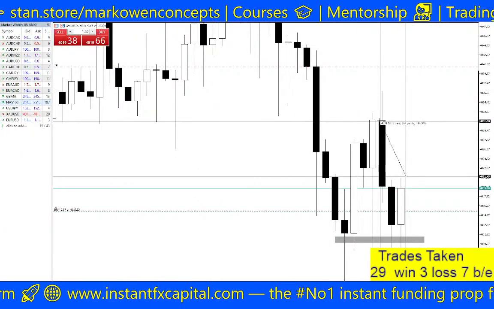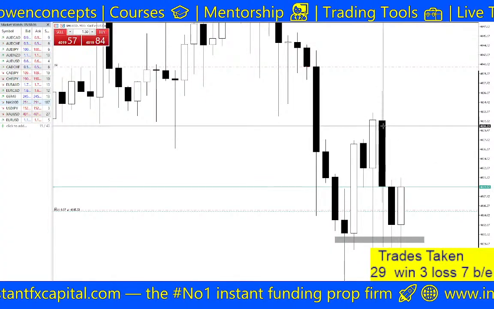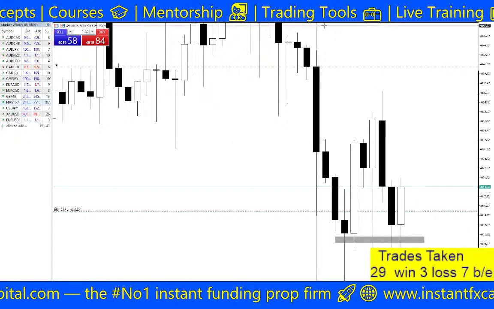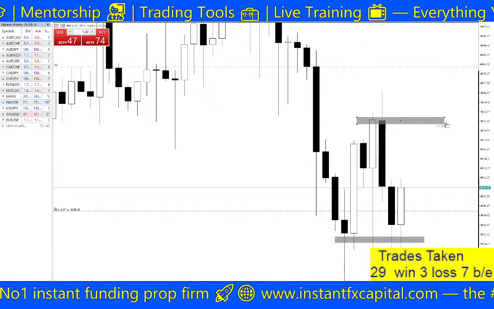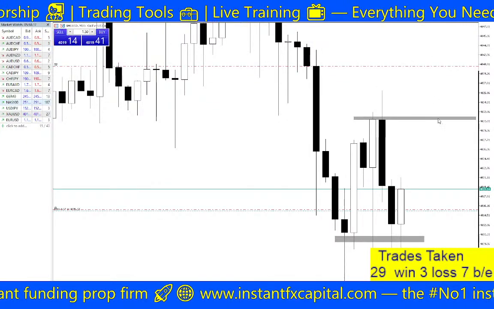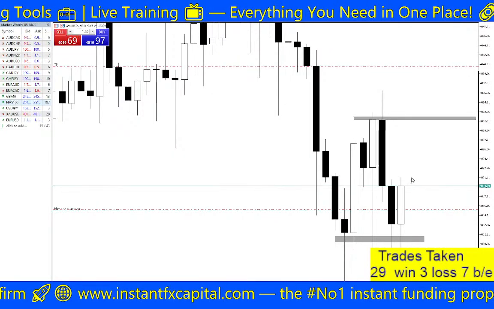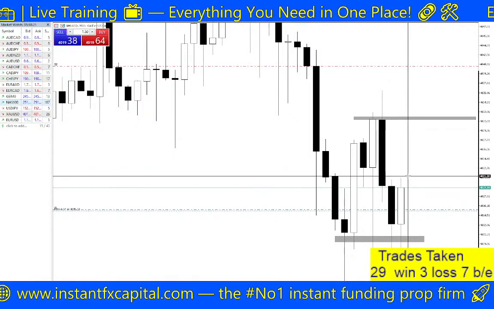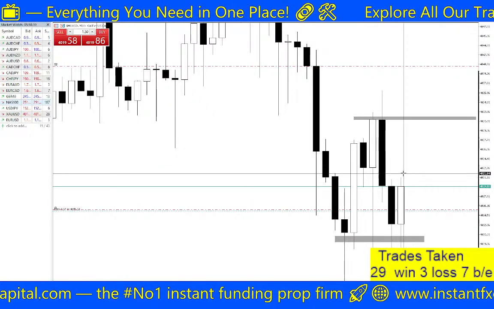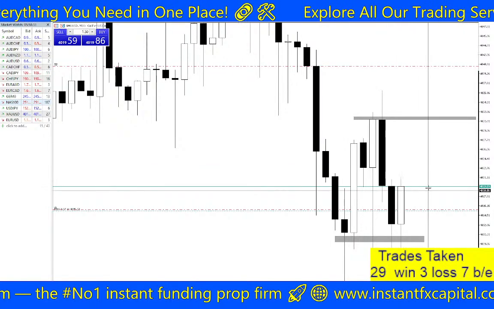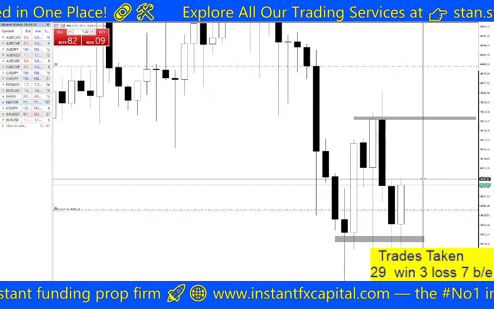And from that high up there, we've still got another 100 points, so just under $10 to the 1 hour 30-minute structure point. So let's just mark that on. So wick down, we look to buy the highs. We've scaled out twice already, so we've scaled out basically 75% of our position on the original trade.